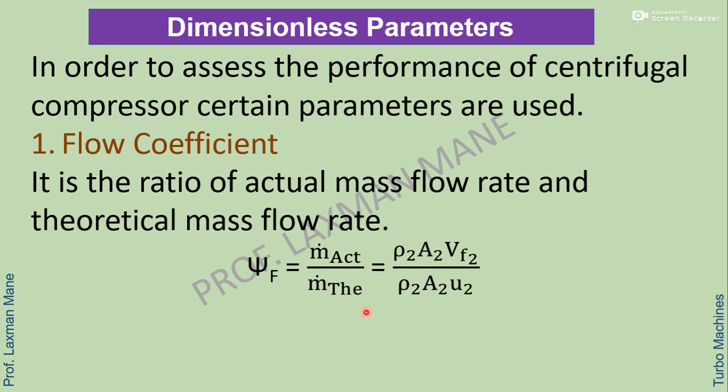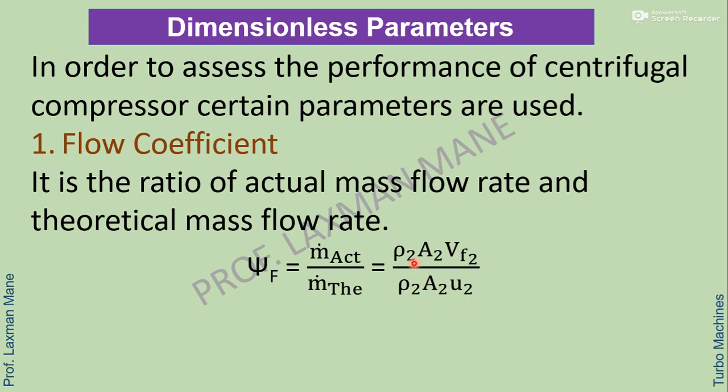theoretical mass flow rate. Now for the compressor, mass flow rate is rho A V. So here at the outlet, rho 2 A2 into V up 2, that is flow velocity in actual case, while in theoretical case it is rho 2 A2 into U2.